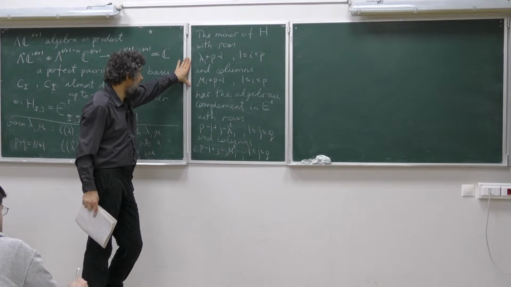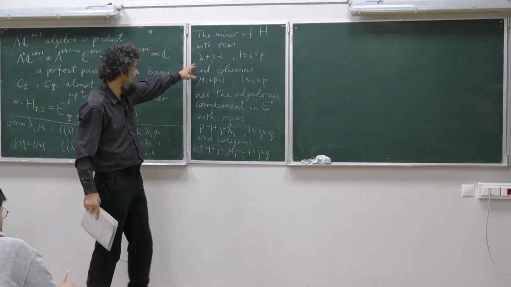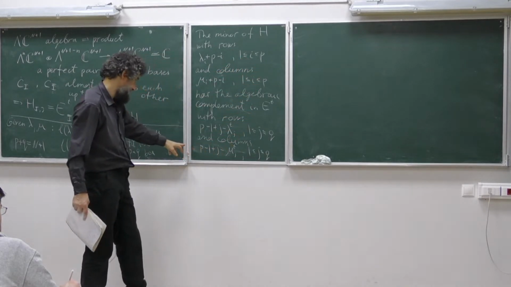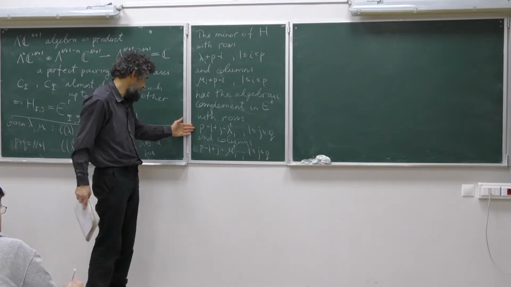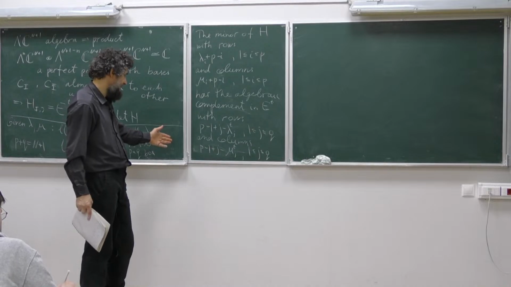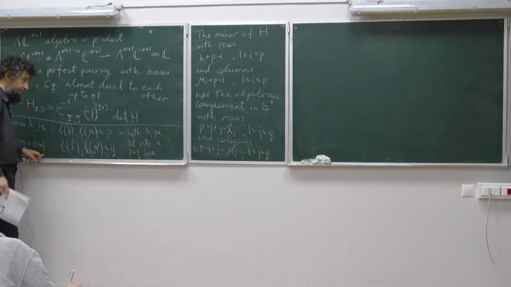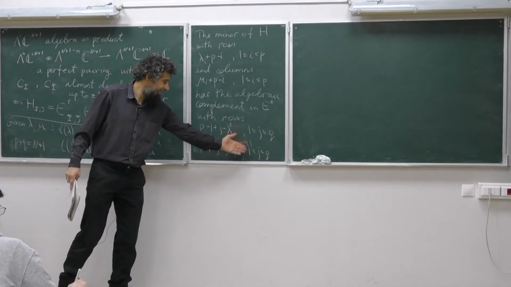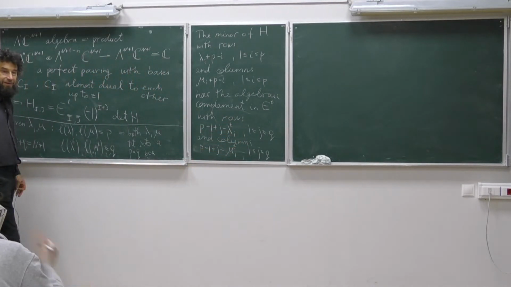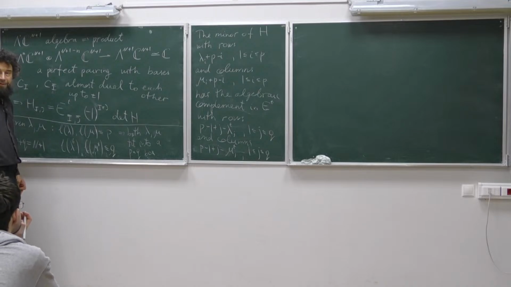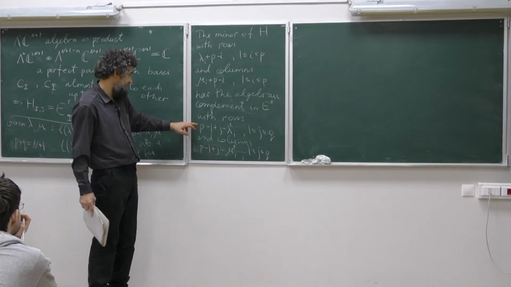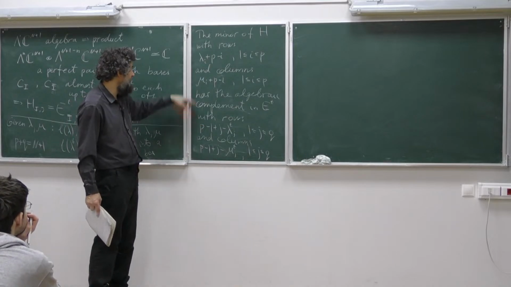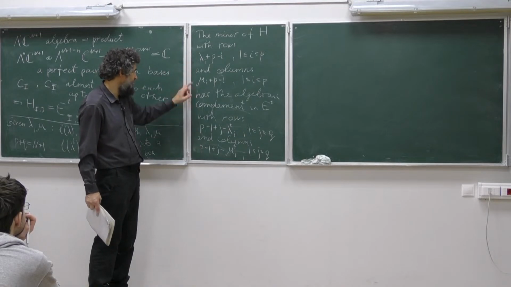I think it is correct as stated. P plus Q is n plus 1, so they are claimed to be of complementary sizes. We must prove it, but we need to check that this set is the complement of this set, and this set is the complement of that set.